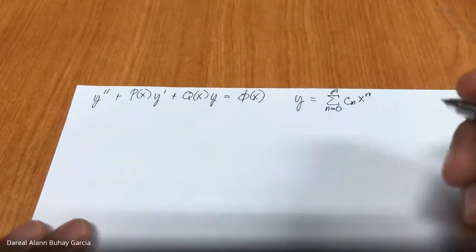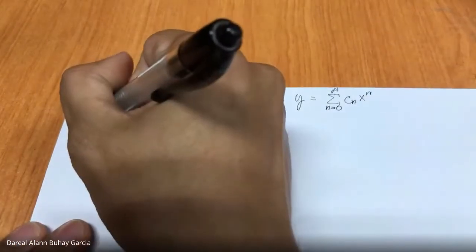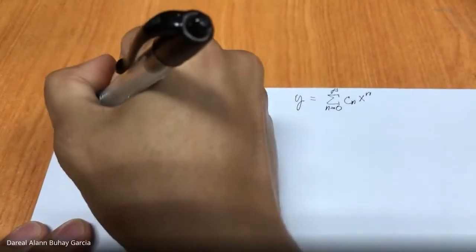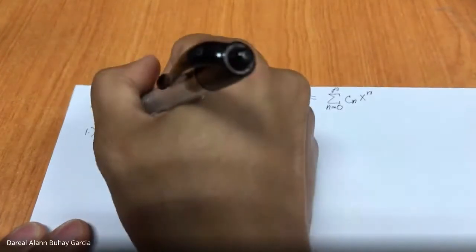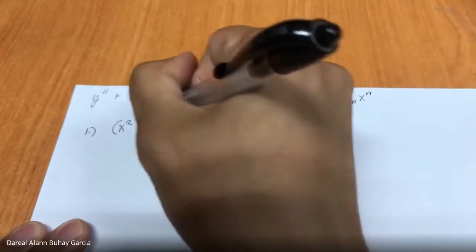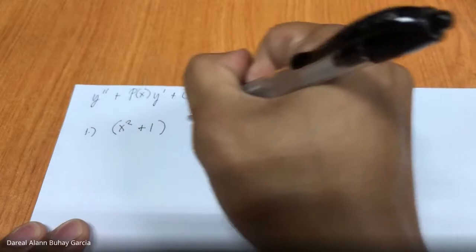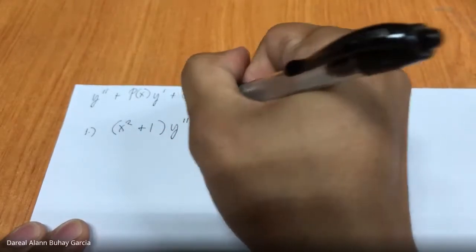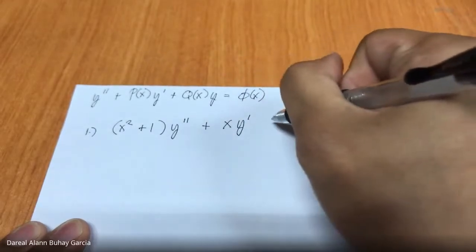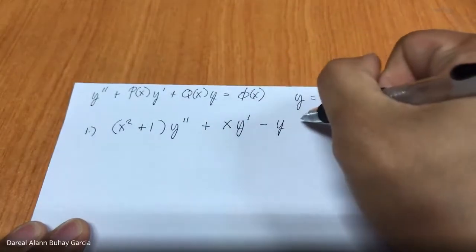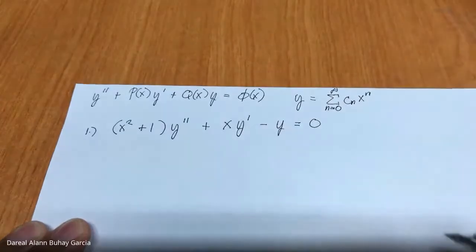So let's say, for example, let's try to solve one particular ordinary differential equation. Given x squared plus 1 times y double prime plus x y prime minus y is equal to 0.